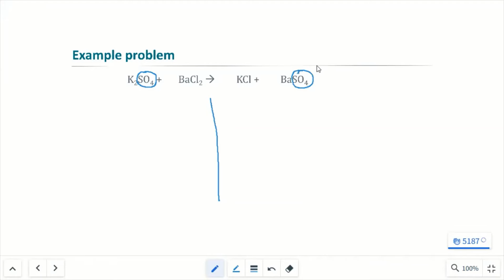So instead of tracking sulfur and oxygen individually, when we set up our accounting here, we're going to keep the SO4 clustered together since it is the same on both sides.